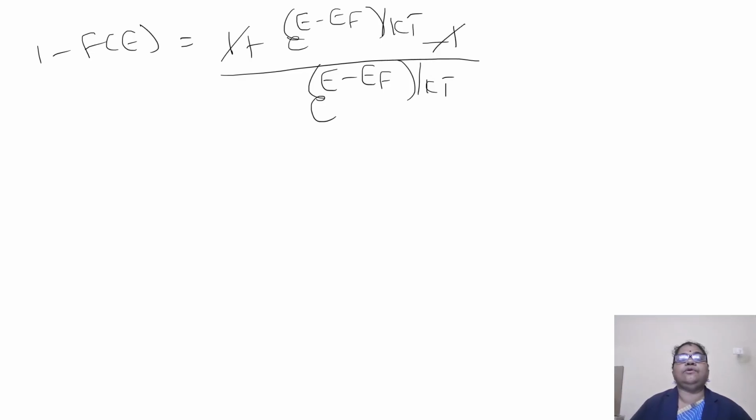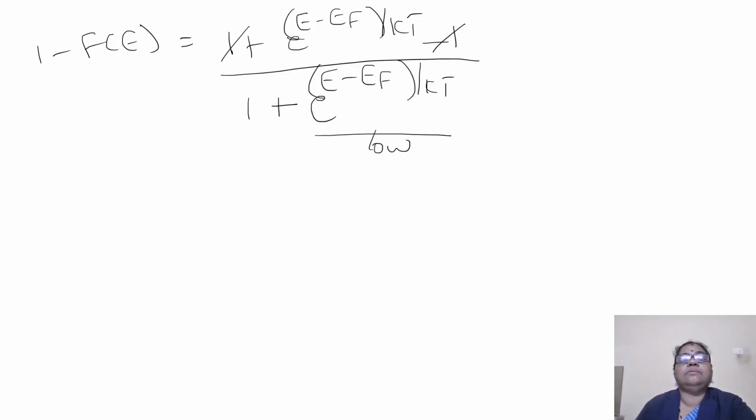Also, since E is large compared to EF, e to the power E minus EF by KT is very large, so the 1 in the denominator is very low in value as compared to this one, and we can neglect it.